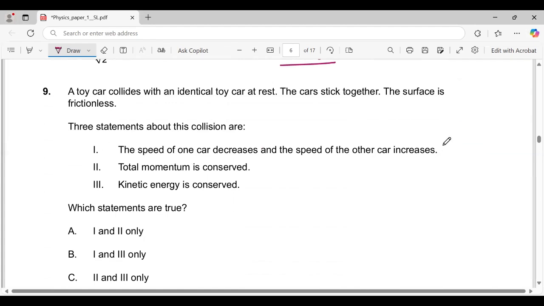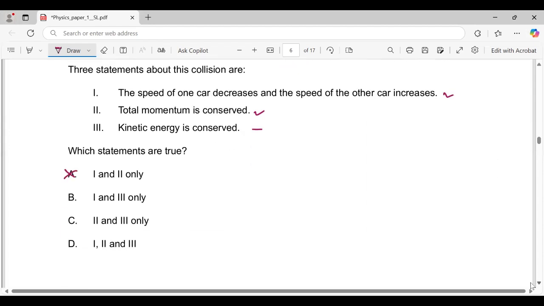This is correct. One correct. 2. Total momentum is conserved. Yeah, correct, I think. 3. Kinetic energy is conserved, this is incorrect. So which statements are true? 1 and 2 only. It's one.